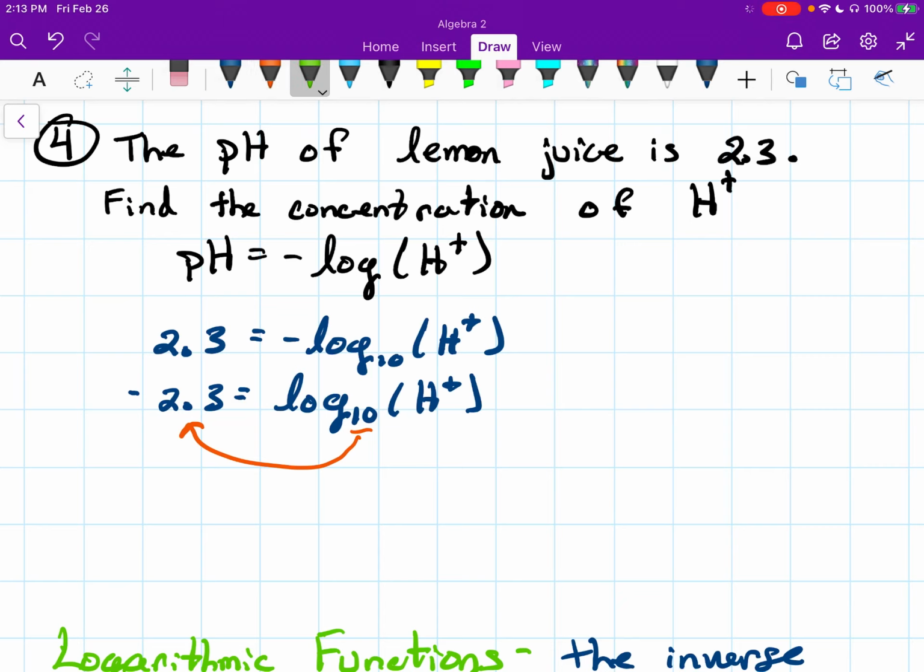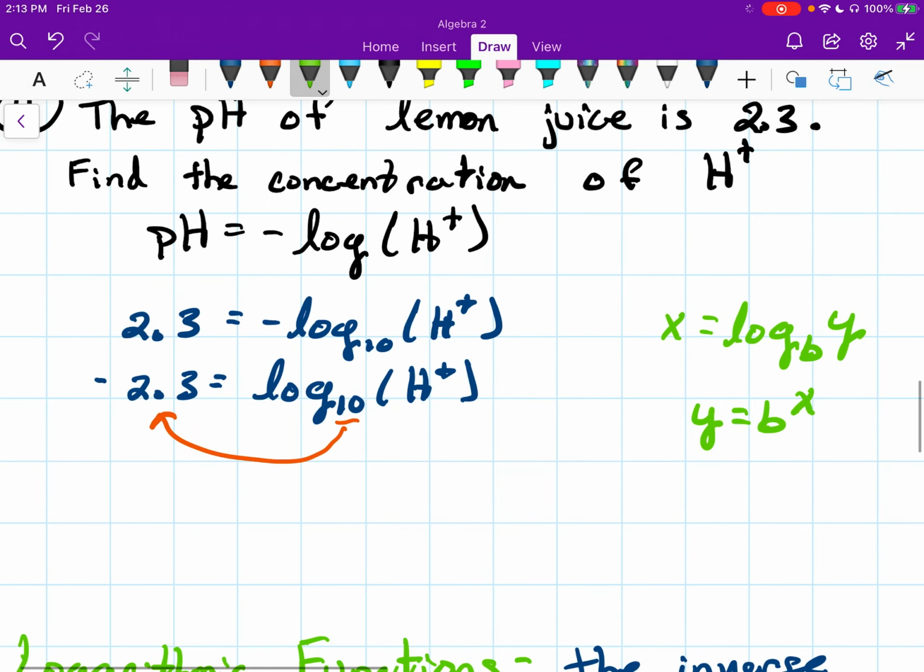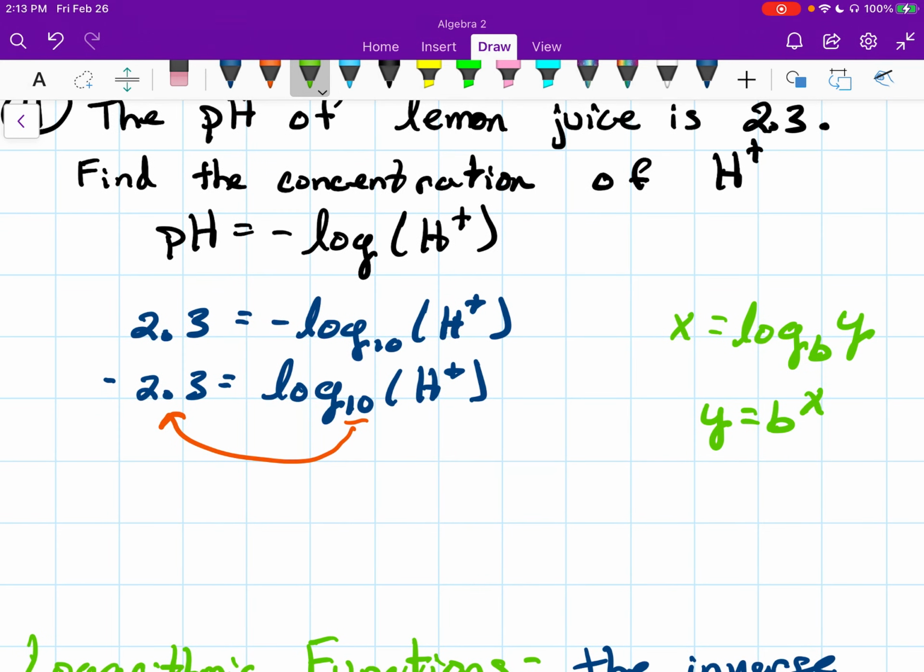Here, let me write the formula down so that we can see it. We have x equals log base b of y, and also y equals b to the x. So our y is what is inside the log, so we're going to have H positive equals b, which is our base, 10, to the x, which is our exponent, negative 2.3.